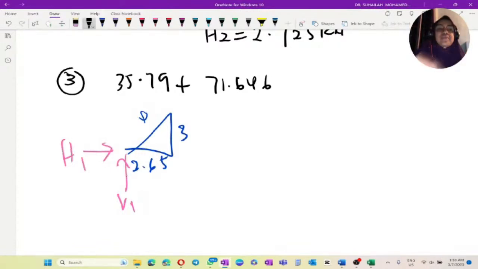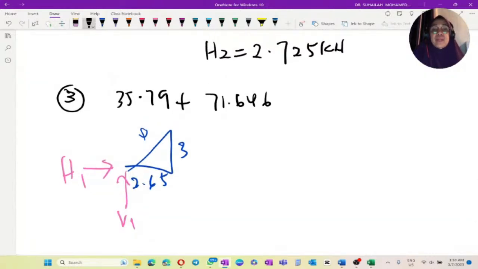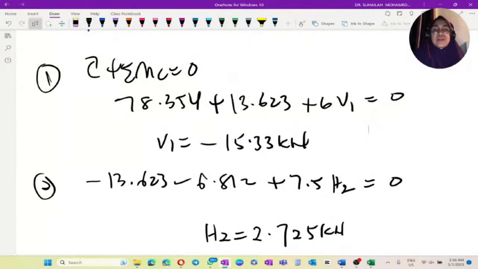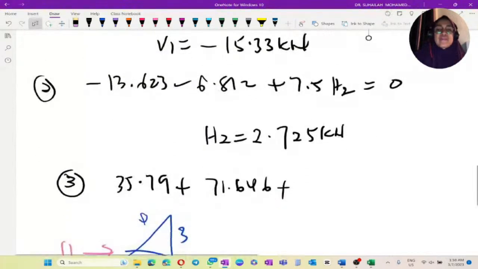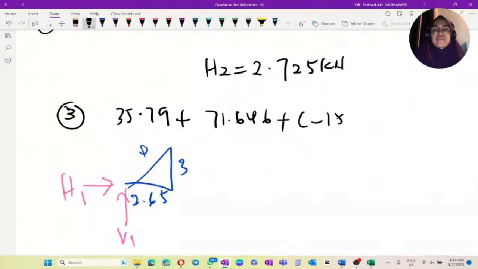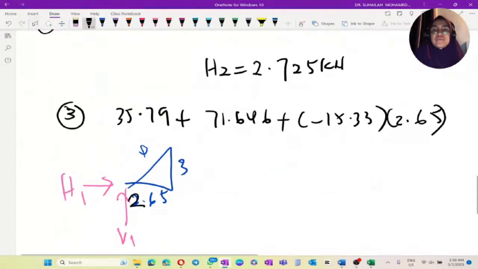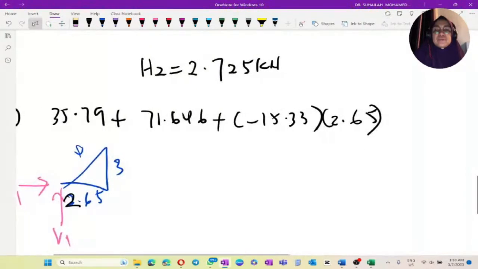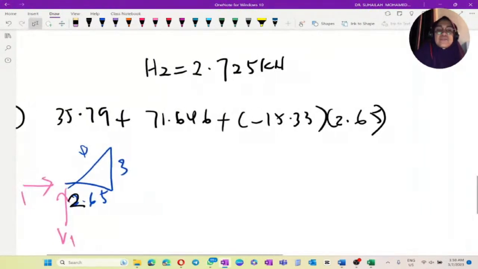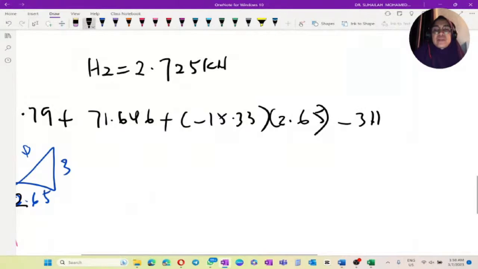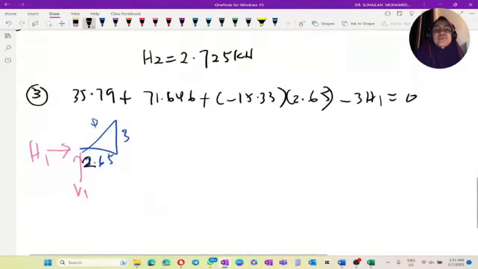We get V1 plus V1 is negative 15.33, negative 15.33 times 2.65, so we have to minus 3H1, and this is equal to 0.